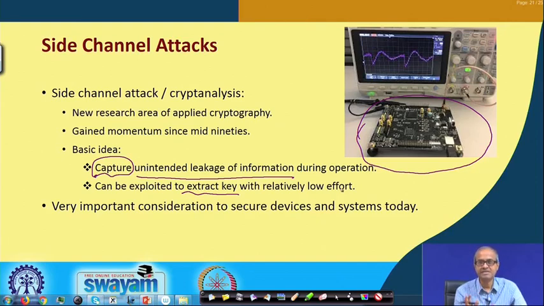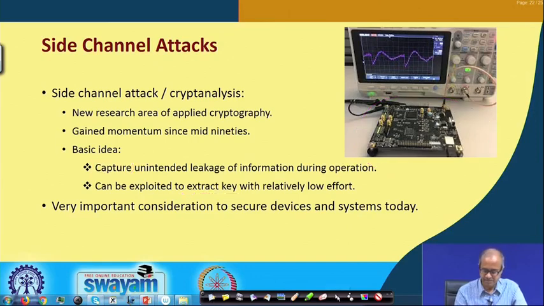Understanding side channel attacks is therefore very important, because unless you are aware of this, you may be building a piece of hardware which can be very easily attacked in this way, and the secret key can be retrieved relatively easily. Therefore, in future generation devices, this kind of consideration has to be incorporated in a very big way, and all security devices and systems must have this kind of consideration in place. Okay? Fine.